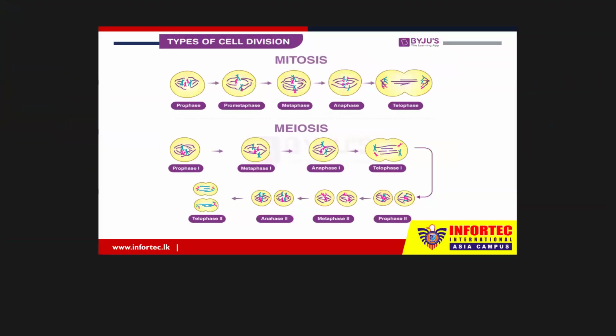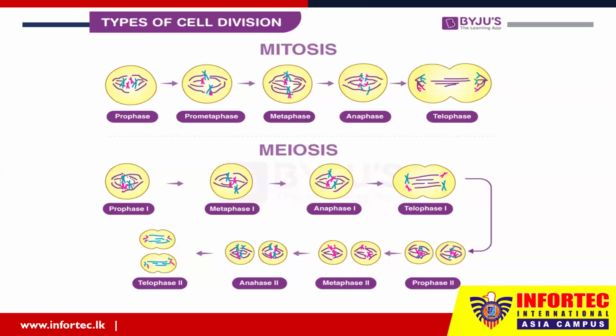During the third phase, anaphase, the microtubules connected to the centromeres get shortened.